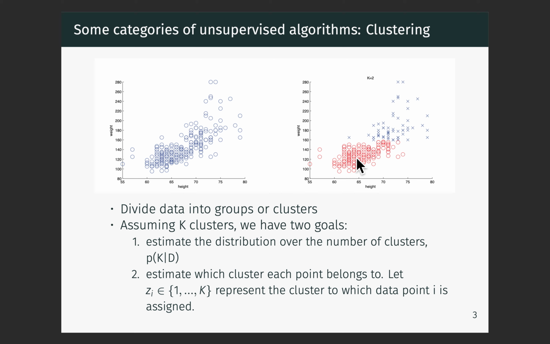First, distribution of the number of clusters. Second, which cluster does each point belong to. Now in traditional machine learning, when this sort of topic is introduced, you'll generally see data in two dimensions, etc., for clustering, but clustering can be done on any number of dimensions.